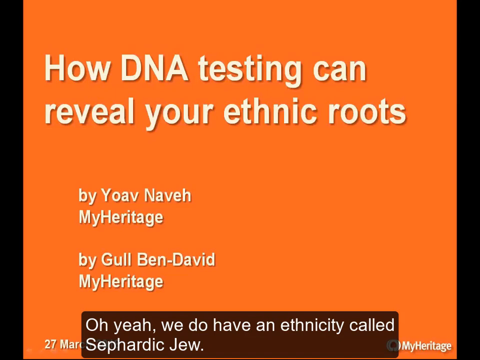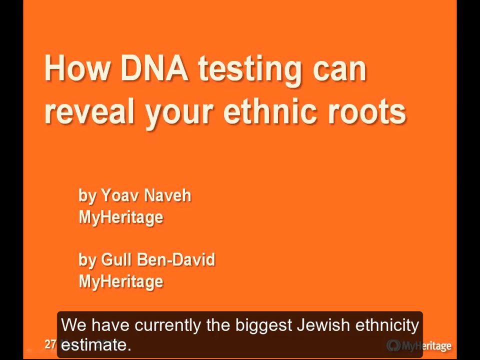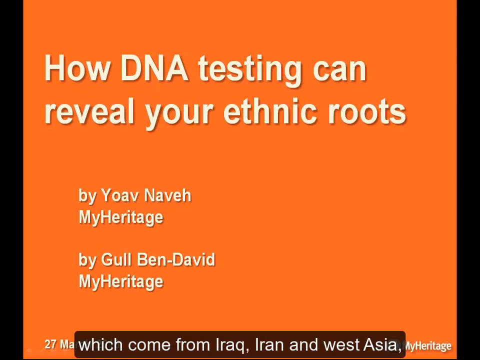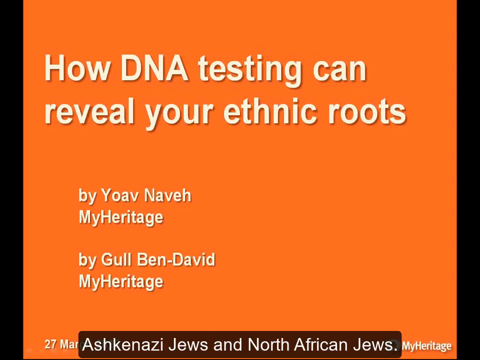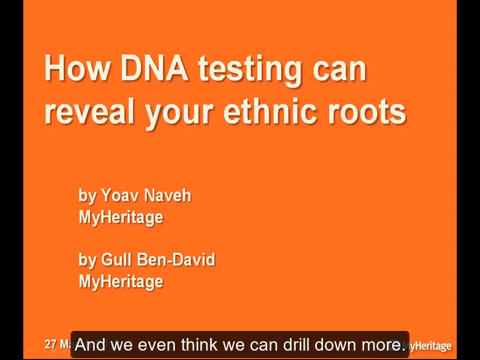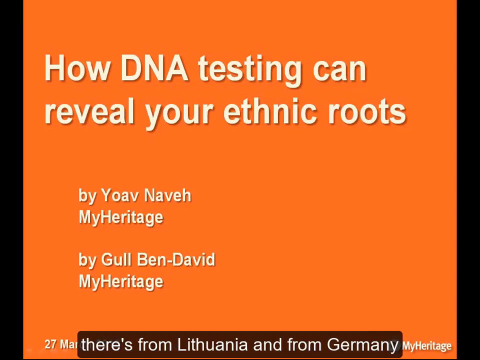Oh yeah, we do have an ethnicity called Sephardic Jew. We currently have the biggest Jewish ethnicity estimate. We have Ethiopian, Yemenite, Mizrahi Jews, who come from Iraq, Iran, and West Asia, Ashkenazi Jews, and North African Jews. We even think we can drill down more. We really want to, because even for Ashkenazis, there are those from Lithuania and from Germany, so there are lots of subgroups in the group.